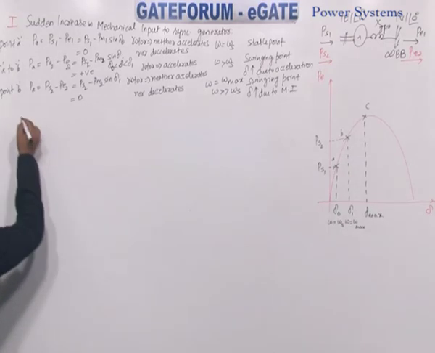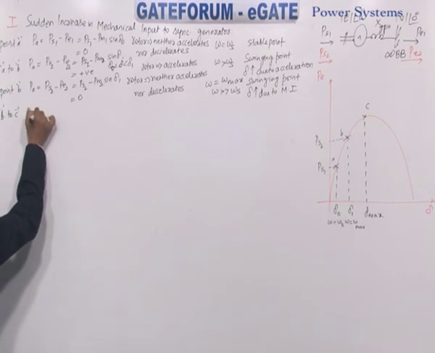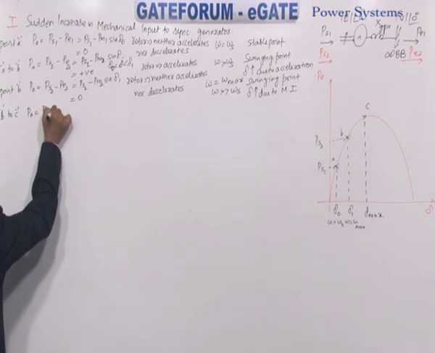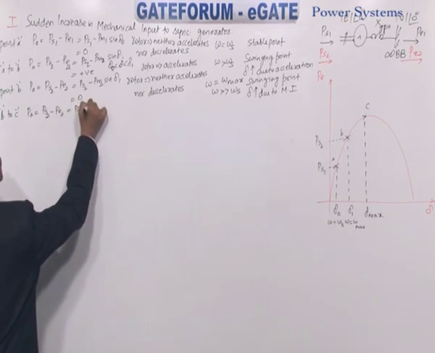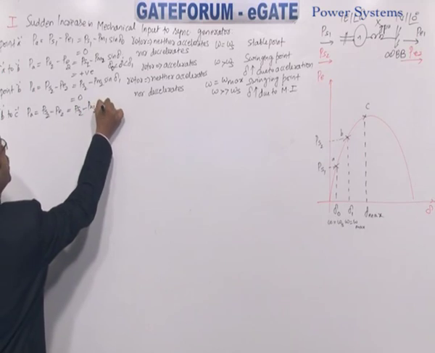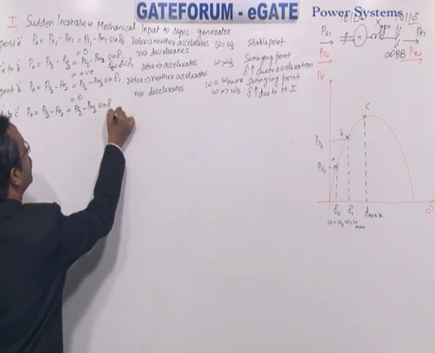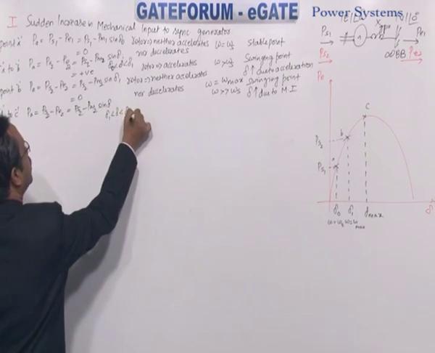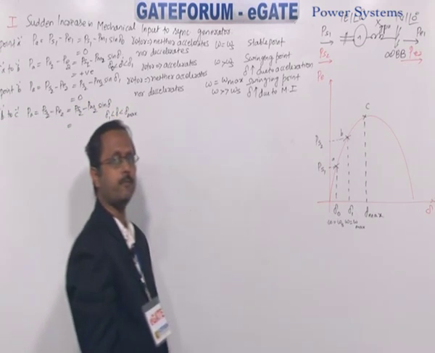And now you check from B to C. So what about PA? PS2 minus PE2, so PS2 minus PM2 sine delta. What will be this delta now? Between delta 1 and delta max. What about the difference now?